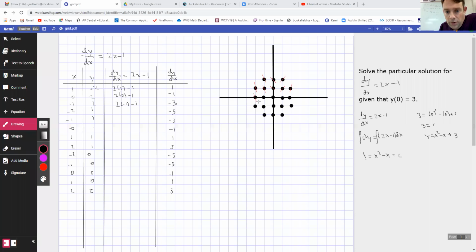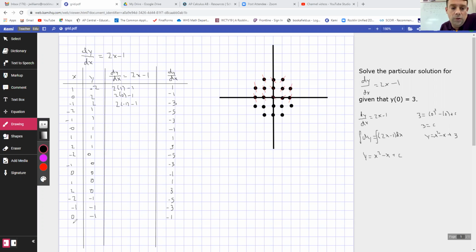So again, notice this family of segments kind of looks the same. And if I were to keep going here and plugging in all my values now, so -2, -1, that would give me a derivative of -5. -1, -1, give me a -3. 0, -1 would give me -1.